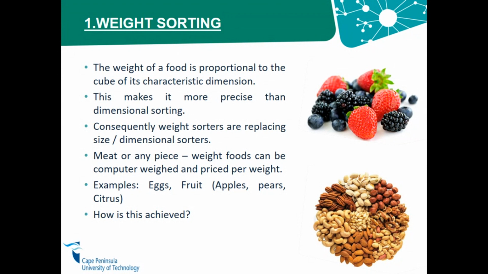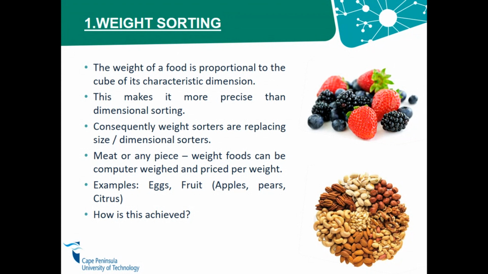If you have meat or any piece, the weight of foods can be computed and priced per weight. This is good, because manufacturers are now pricing the goods or the raw materials based on the weight, right?